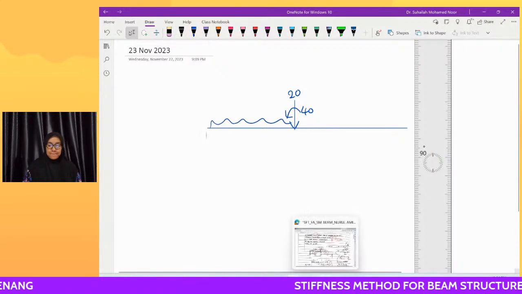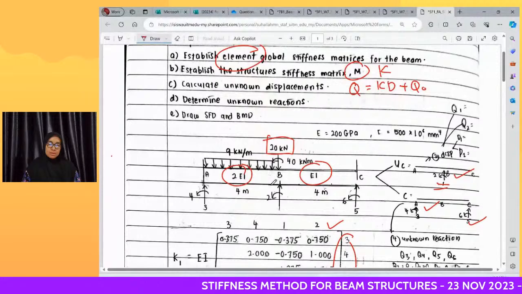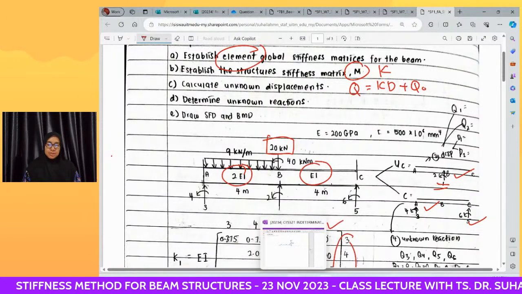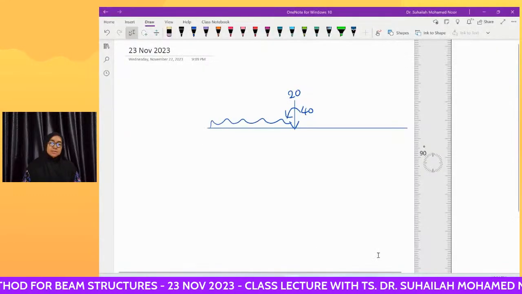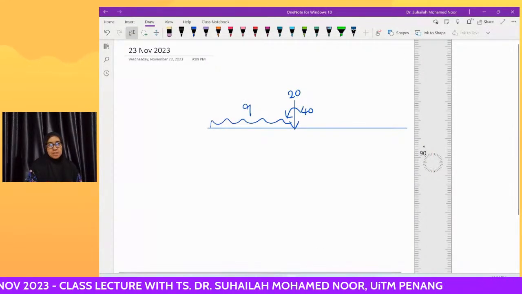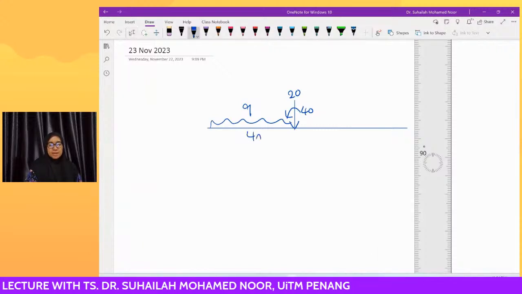UDL is 9 kilonewton per meter, 4 meters.